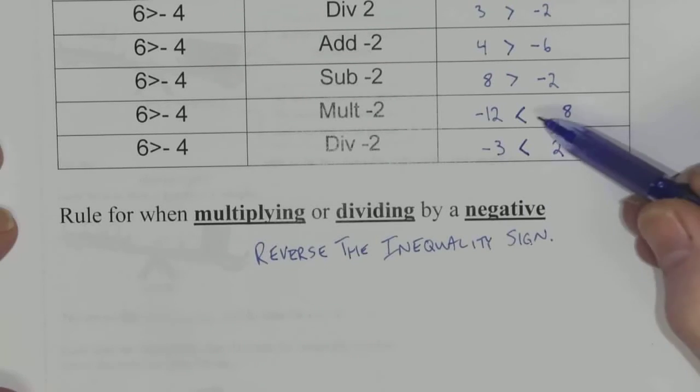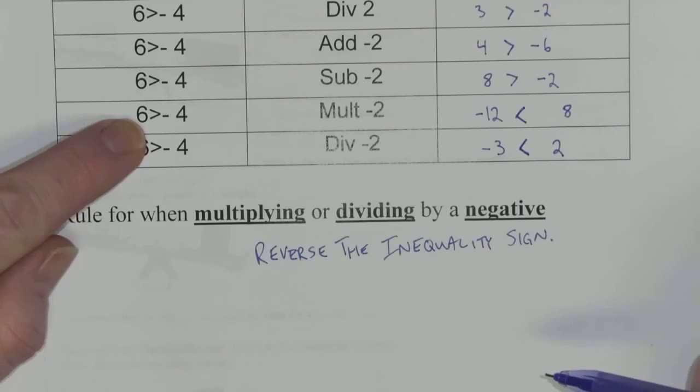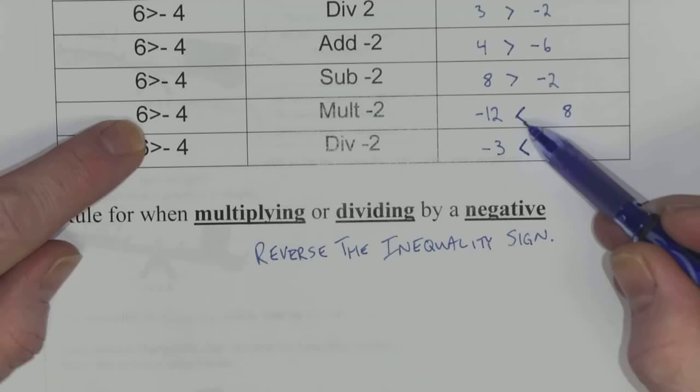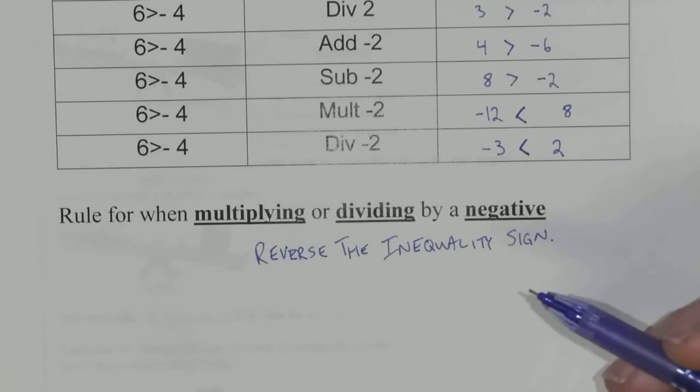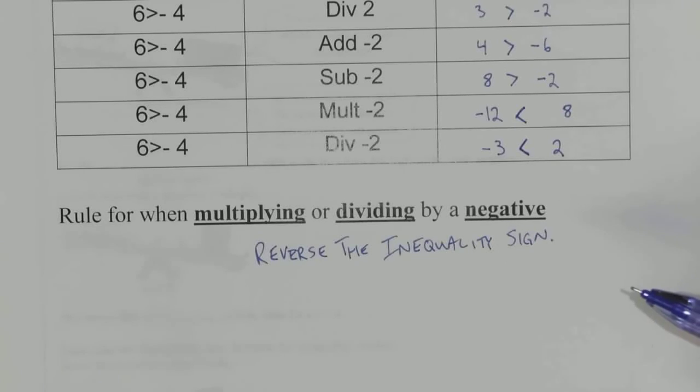And so it doesn't matter if this starts off as greater than or greater than or equal to, it still gets reversed. So it becomes less than or less than or equal to. Or vice versa, if we're starting with a less than, it becomes greater than or greater than or equal to, depending on the situation. So that's a bit of a cheat sheet for you to reference as we go through this next bit in the chapter.